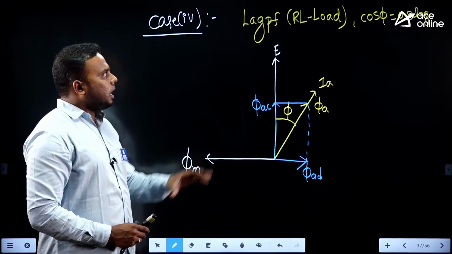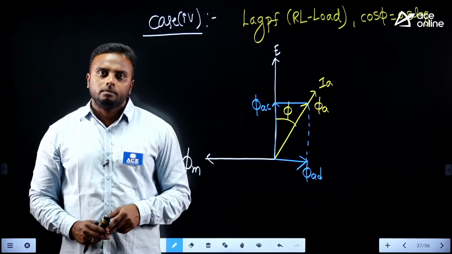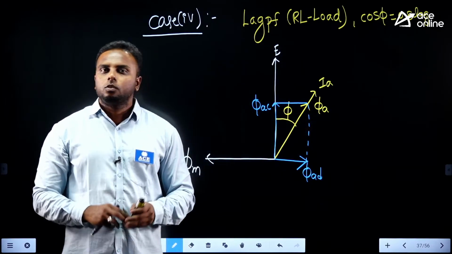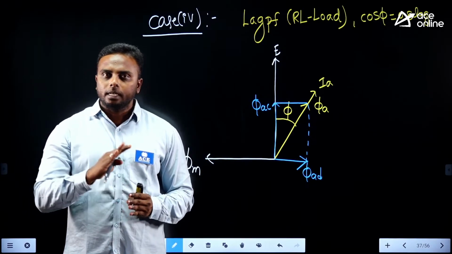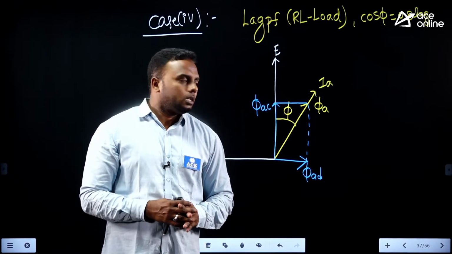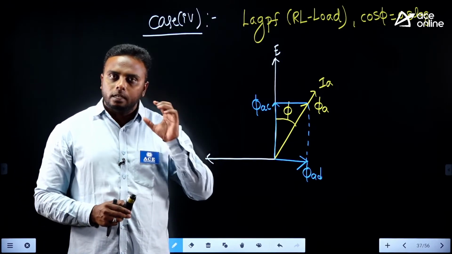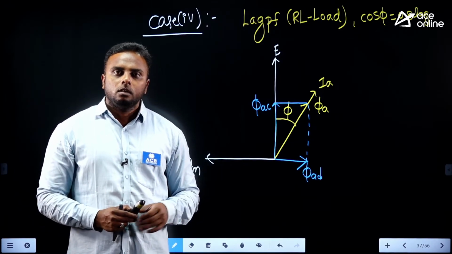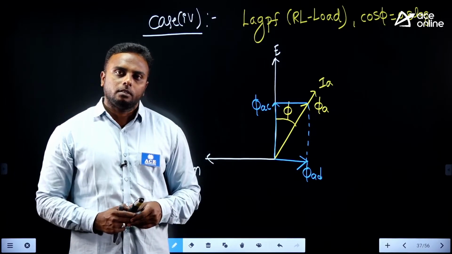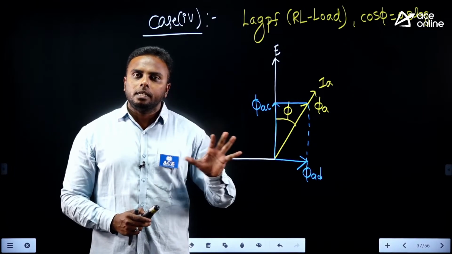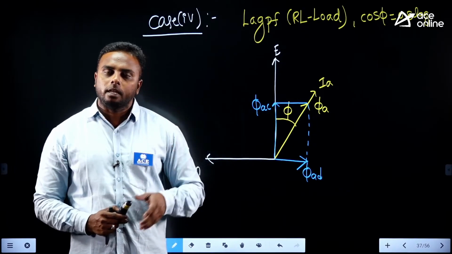So under this load we have two effects: one is cross magnetizing and the other is demagnetizing. Sometimes you may also get questions: which effect is greater in magnitude, cross or demagnetizing? At which power factor are both cross magnetizing and demagnetizing effects equal in magnitude?